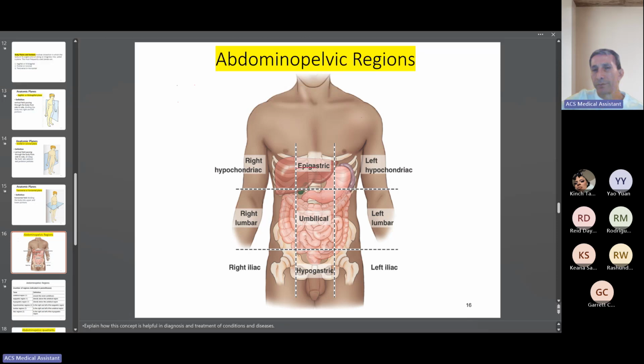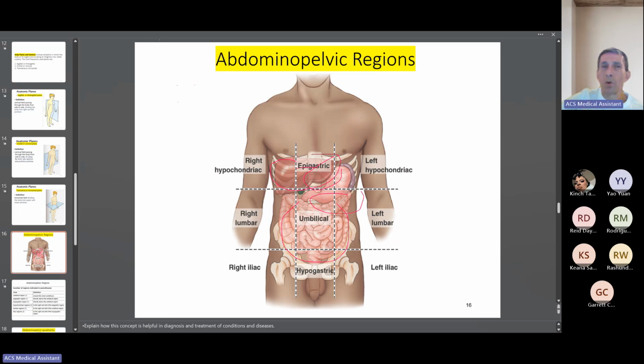What is the liver? So here is the liver. What is the stomach? What is the pancreas? Where are the intestines? But it's more detail. Why? Because some of these organs within the abdominal area and the pelvic area share different regions.